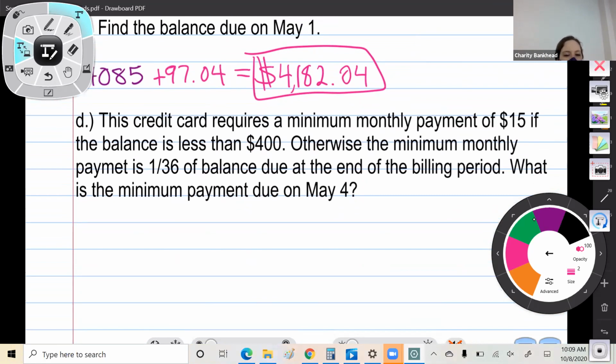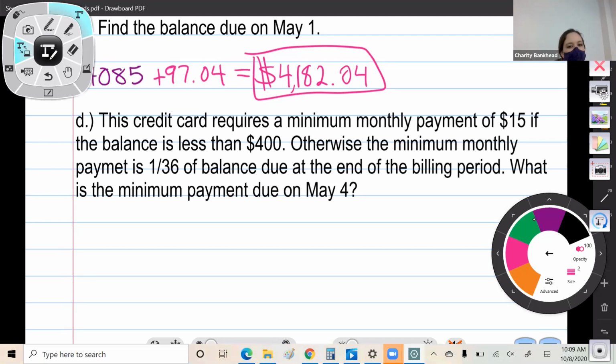So it says this credit card requires a minimum monthly payment of $15 if the balance is less than $400. Otherwise, the minimum monthly payment is 1/36 of the balance due at the end of the billing period. What is the minimum payment due on May 4th?